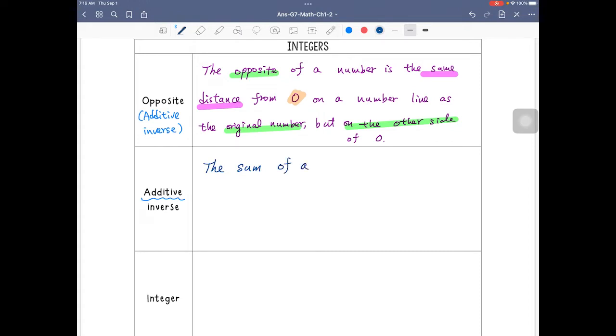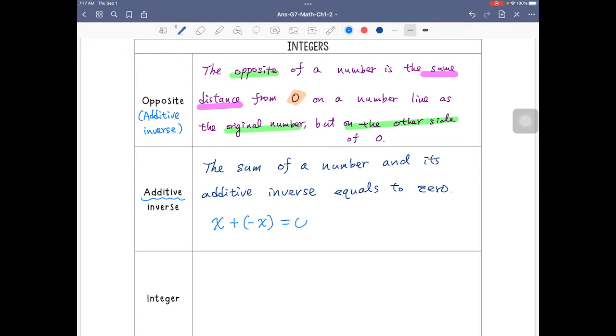A number and its additive inverse sum to 0.